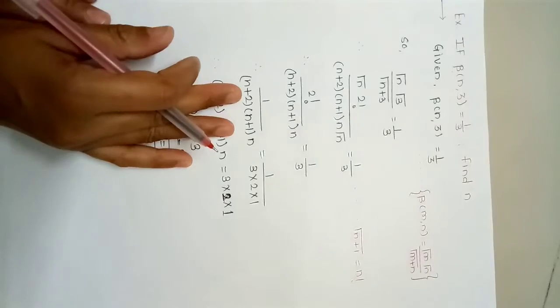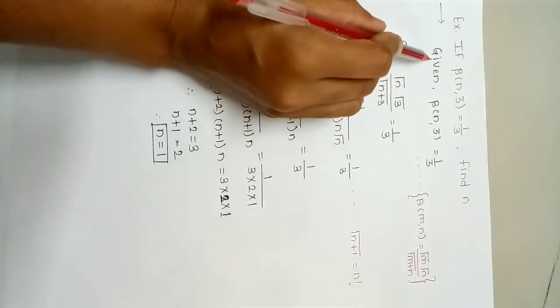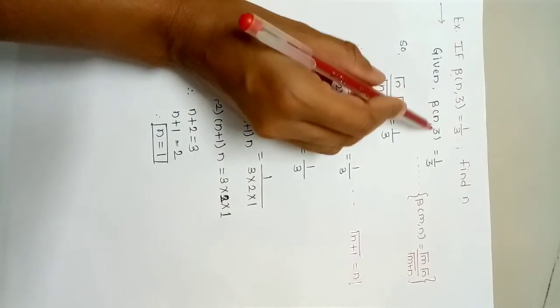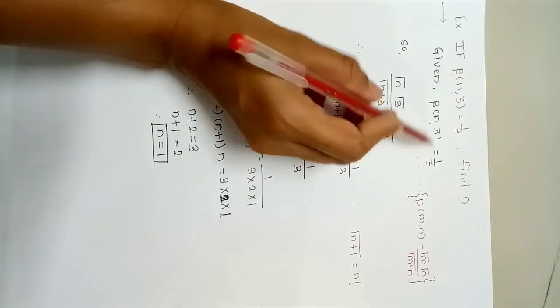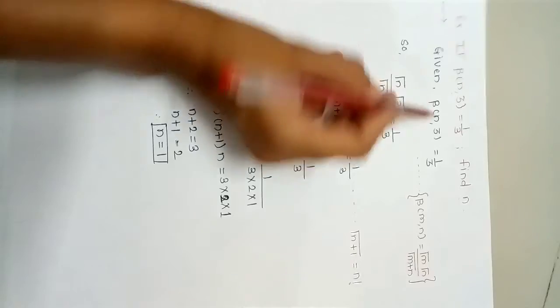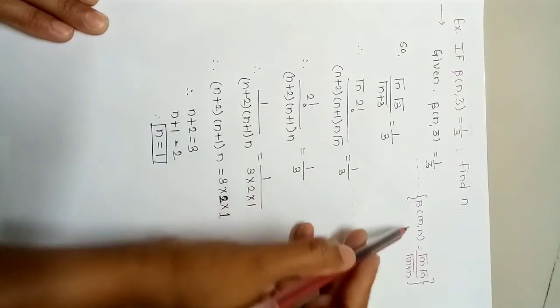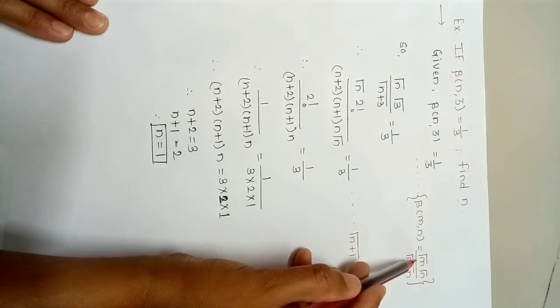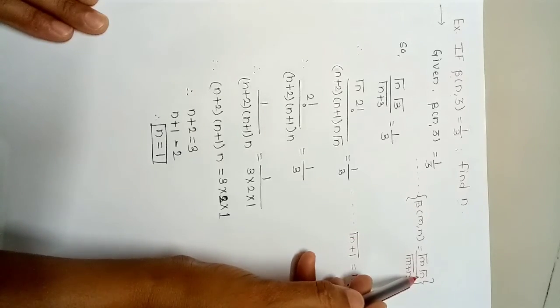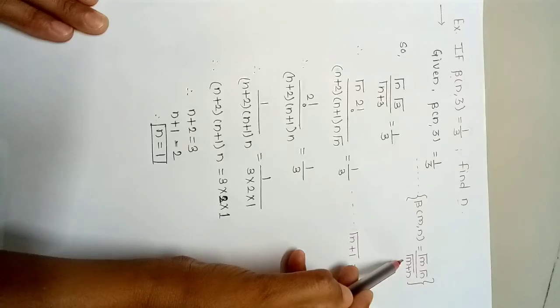Okay, now in this example, given beta function of n, 3 is equal to 1 by 3. Here we can apply the relation between beta and gamma function, that is beta function of m, n is equal to gamma function of m into gamma function of n upon gamma function of m plus n.